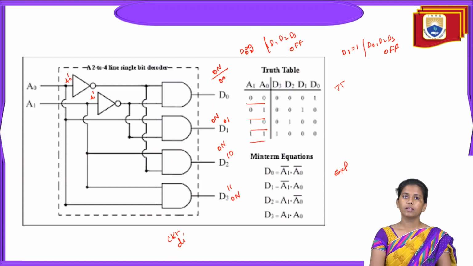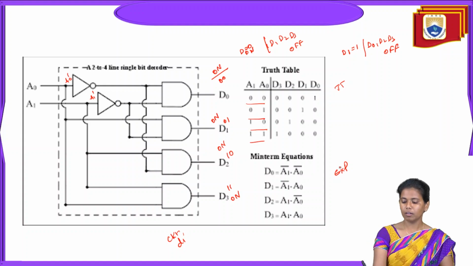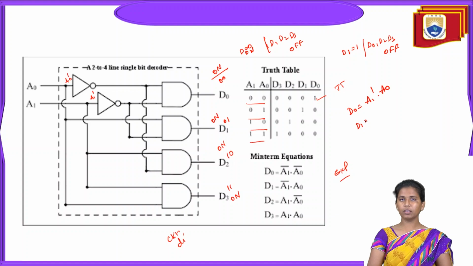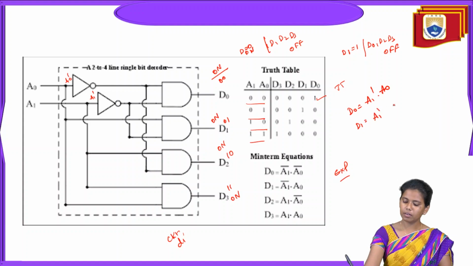And from the truth table, the ultimate thing that we will do is write the expressions. The expressions are in terms of minterms as well as maxterms. So D0 is 1 when, what is D0? D0 is all about A1 and A0, isn't it? D0 is A1 bar and A0 bar, and then D1 is on when A1 bar and A0, and then A1 A0 bar, then A1 A0.